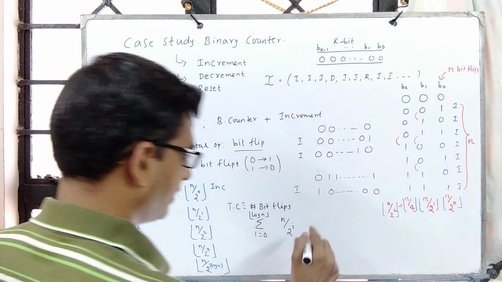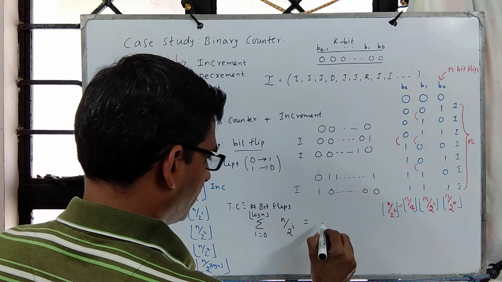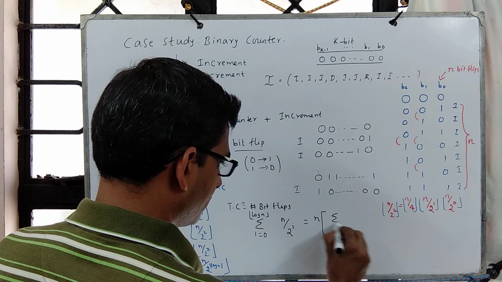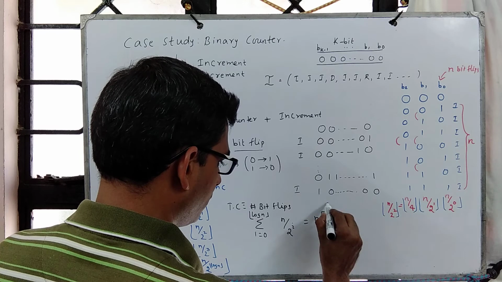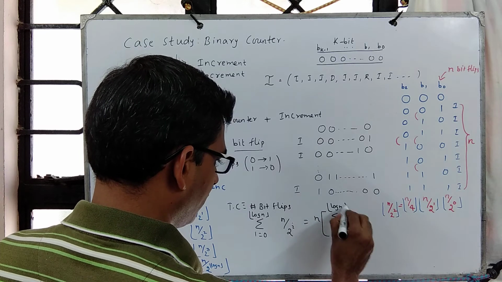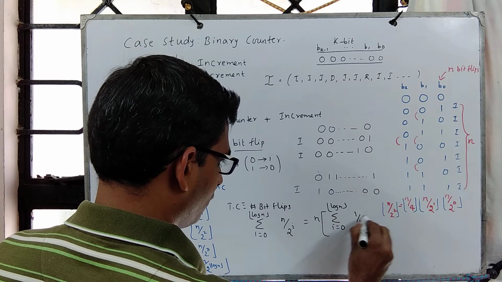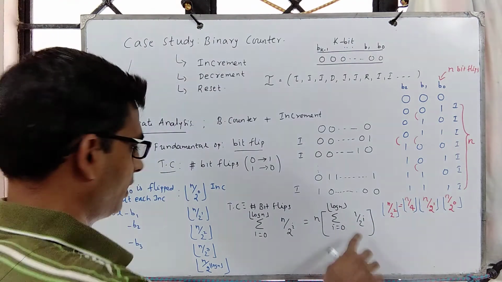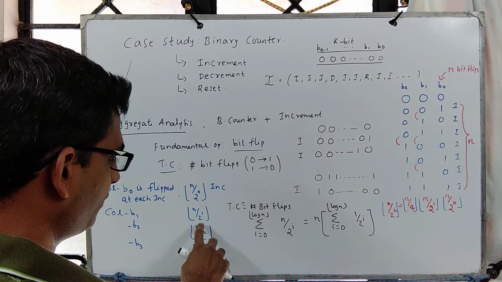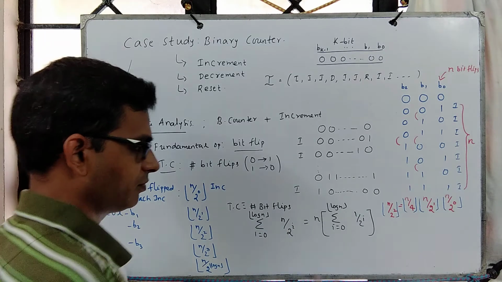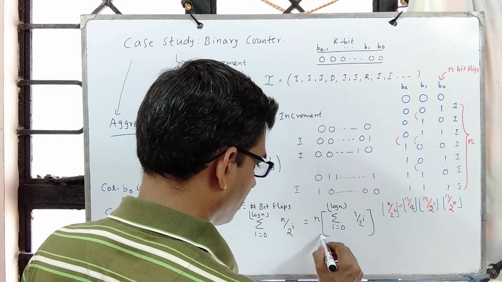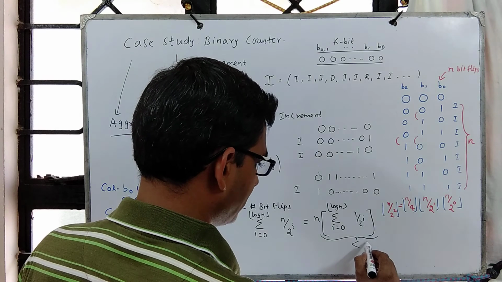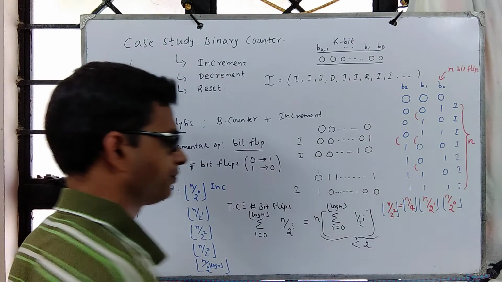So this is precisely the cost, and take n out, we will have summation i runs from 0 to log n of 1 by 2 power i. So this is 1 by 2 power 0, 1 by 2 power 1, 1 by 2 square and so on. This we have already seen on multiple occasions. So this is bounded by some constant, say 2.